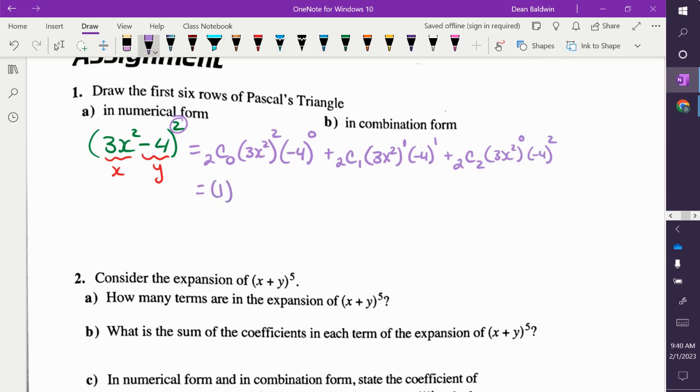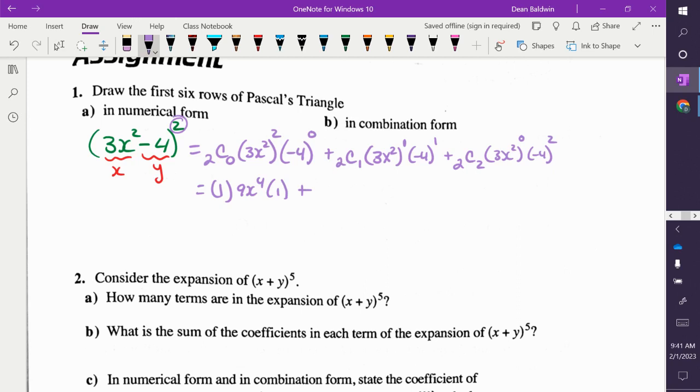So I get 1. Now, 3x squared to the power of 2. What's that? 9x to the power of 4. Anything to the 0 power is 1. I'll just put the 1 in just for completeness. 2, choose 1.